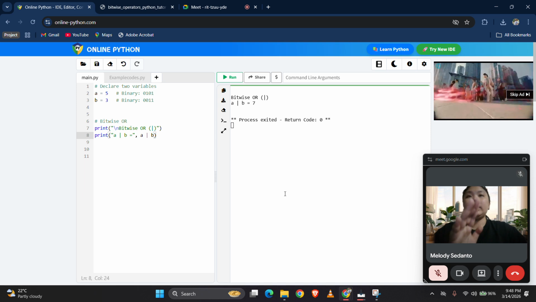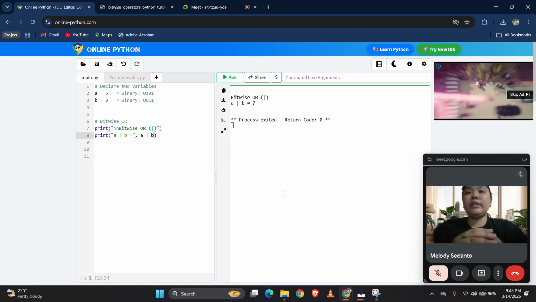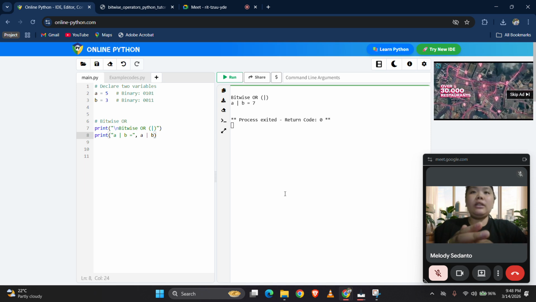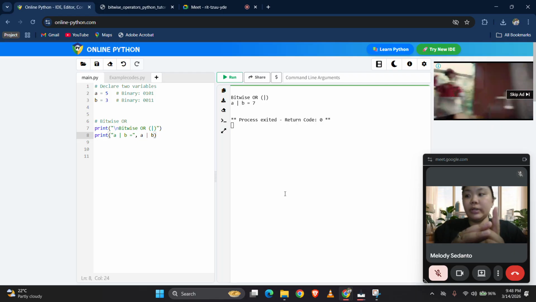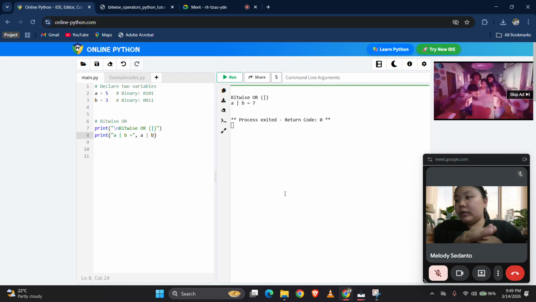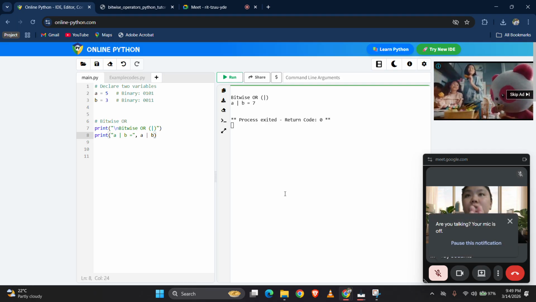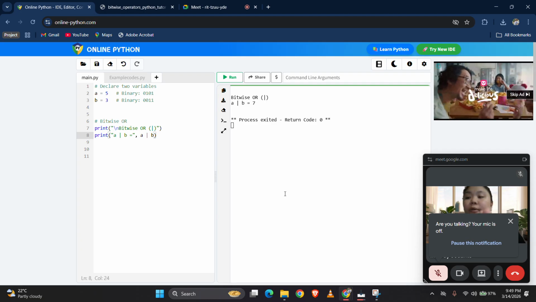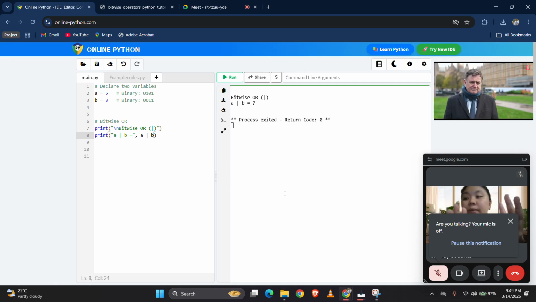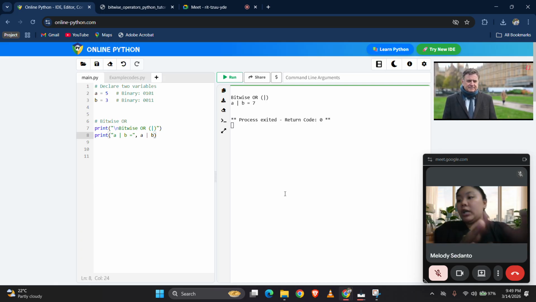And the bitwise OR, A vertical bar B, equals 7, because the OR operator checks all bit positions and sets the bit to 1 whenever at least one bit is 1.